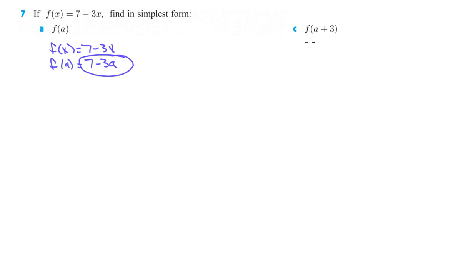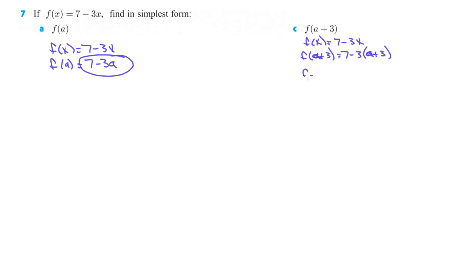Okay, this one here, f of x is 7 minus 3x. So now we want to know what's f of a plus 3. That's an a. Ugh. So we've got 7 minus 3 times a plus 3. I'm having a hard time with my a's apparently.